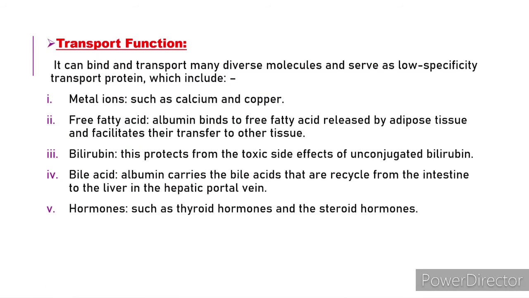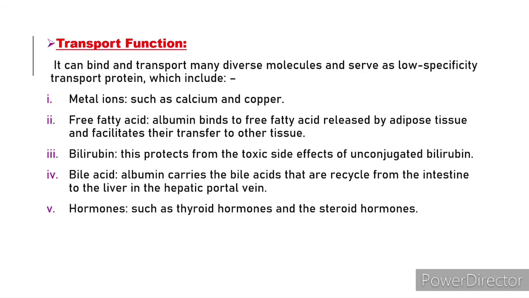Last function is transport function. The plasma proteins can bind and transport many diverse molecules and serve as low specificity transport proteins, which include, first, metal ions such as calcium and copper. Then free fatty acids: albumin binds to the free fatty acids released by the adipose tissue and facilitates their transfer to other tissues.